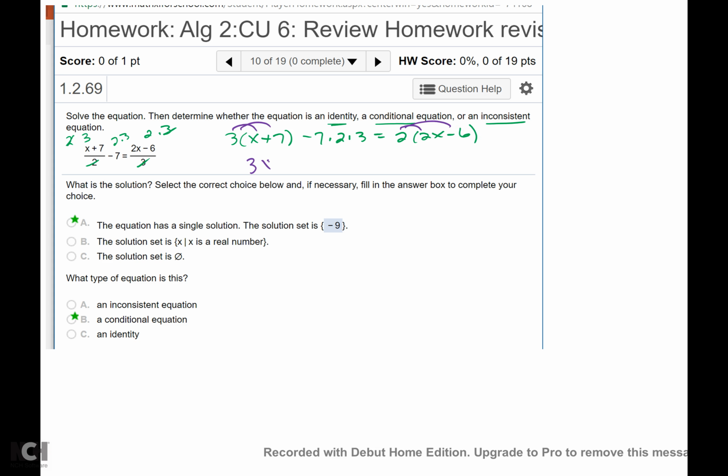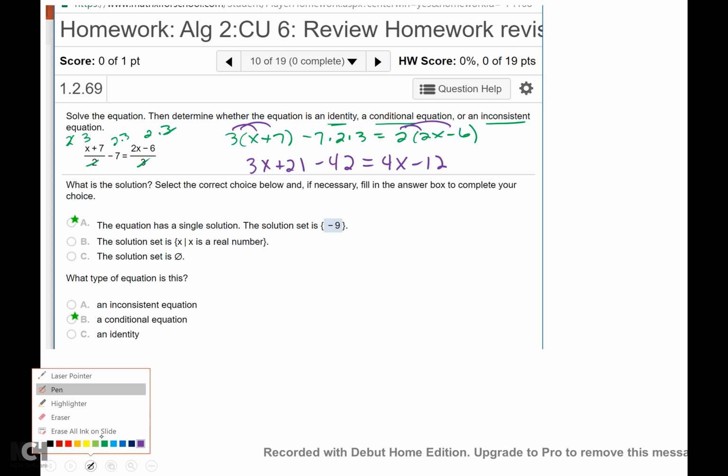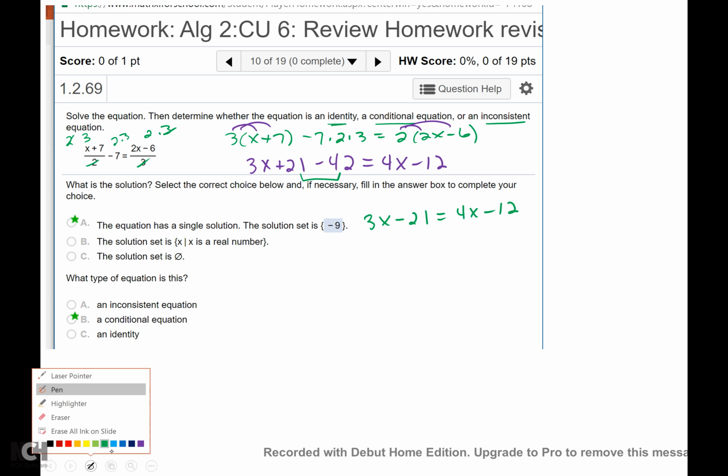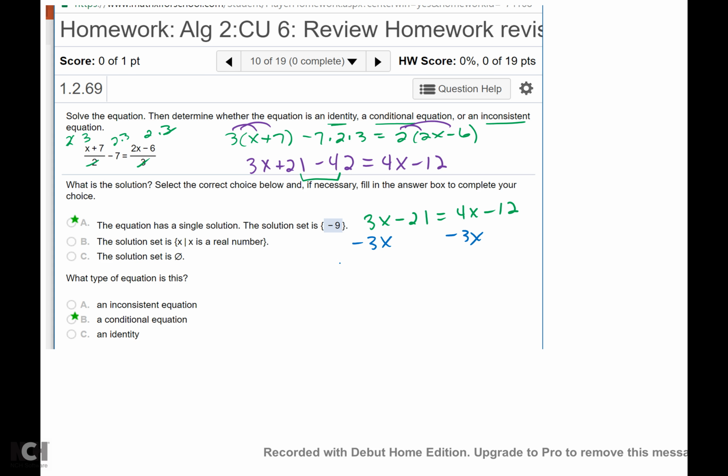I have 3x plus 21, negative 7 times 2 times 3 is going to be negative 42, equals 4x minus 12. Combine like terms. I have 3x minus 21 equals 4x minus 12. Get my x's together. I'm going to minus 3x, minus 3x.